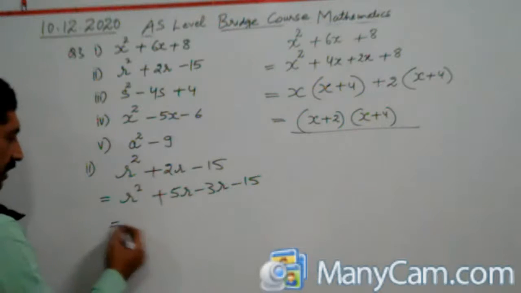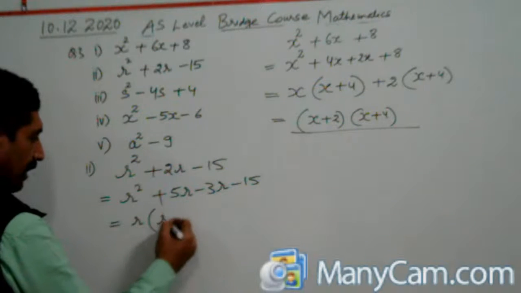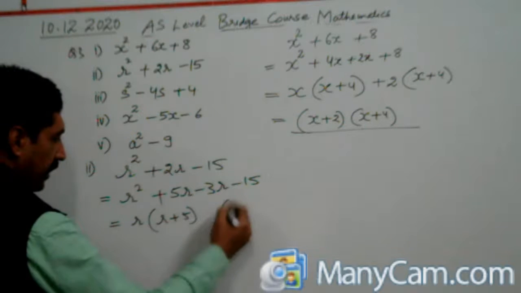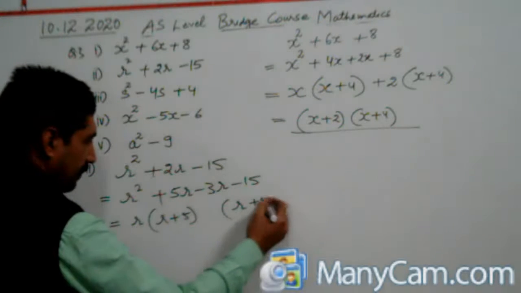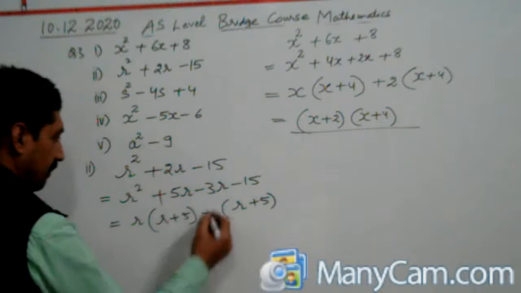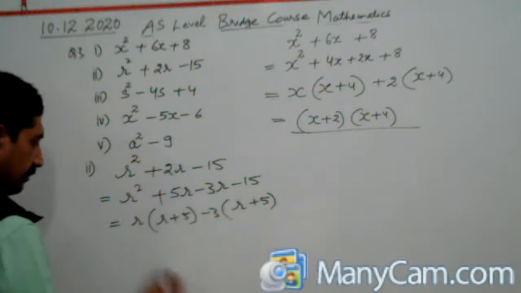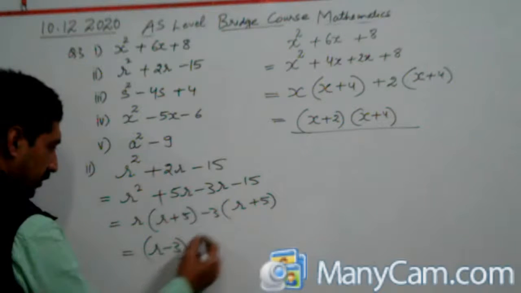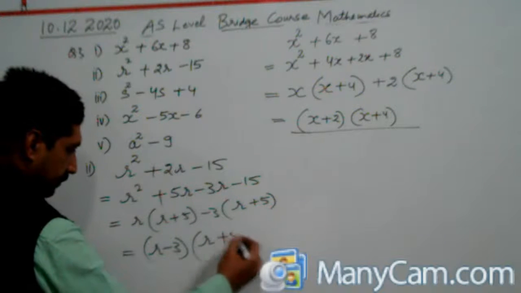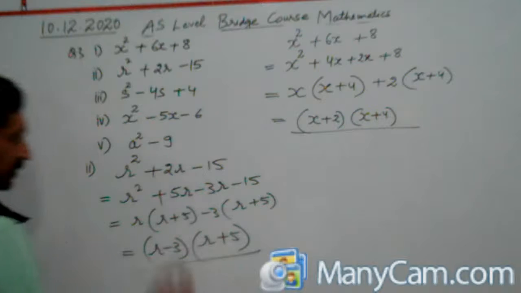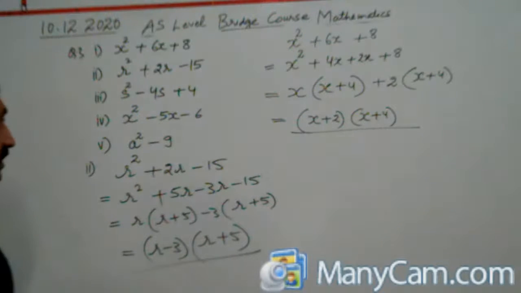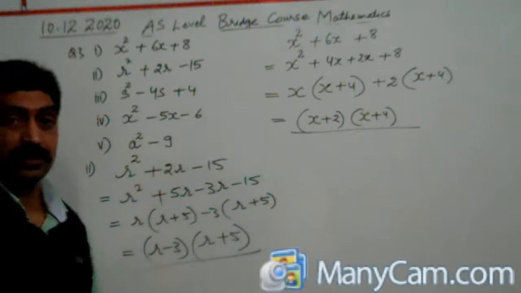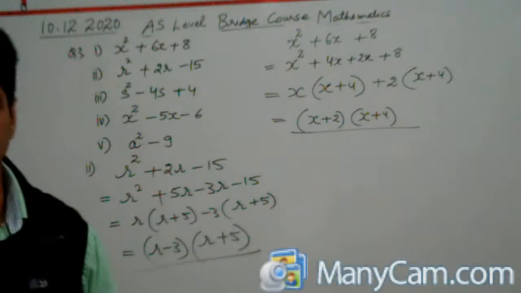So we have r into r plus 5 and again r plus 5. Multiplying with minus 3, we get the term, and the factorization is (r - 3) into (r + 5), right? These are the first two. So go for the third one.